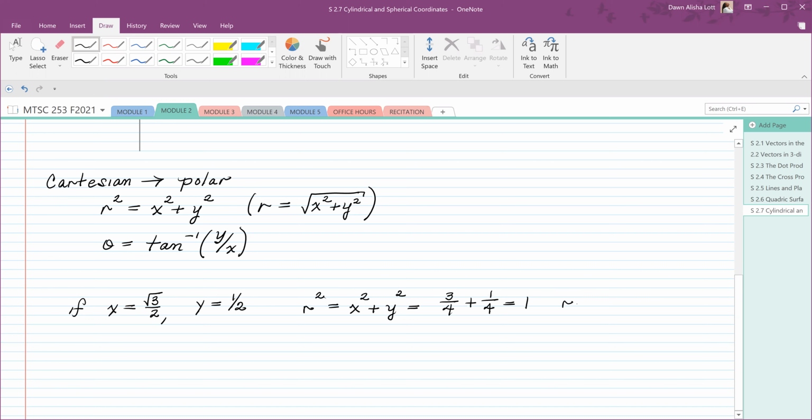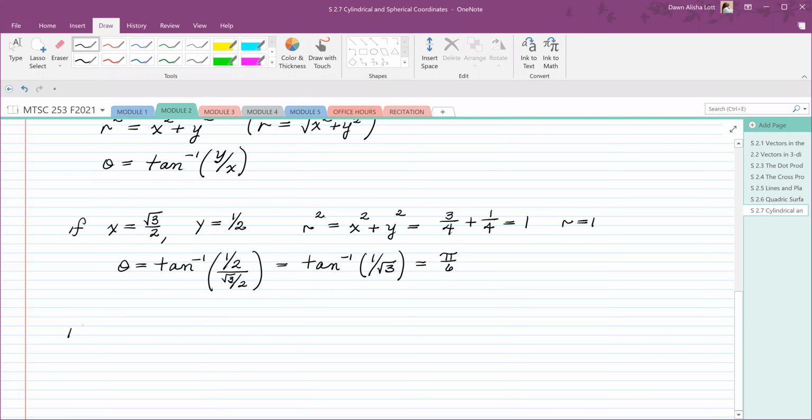So r is 1. And then theta is the tan inverse of 1/2 divided by the root of 3 over 2, which is the tan inverse of 1 over the root of 3. And we plug that into the calculator, or we just know that the angle whose tangent is that is pi over 6. Okay.